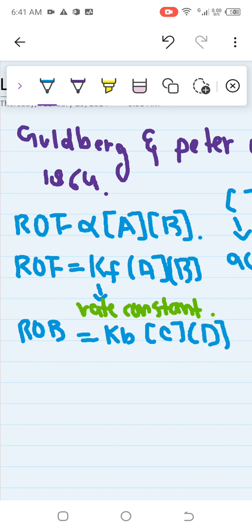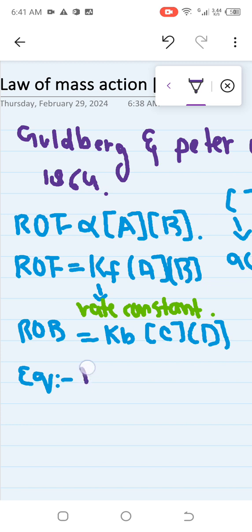I hope you are understanding. Now suppose the rate of forward reaction is equal to the rate of backward reaction.